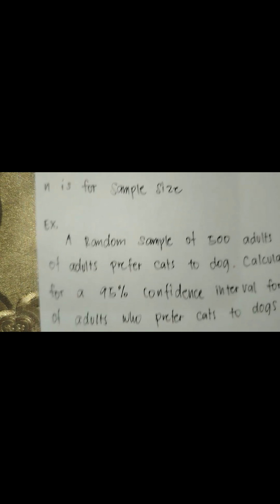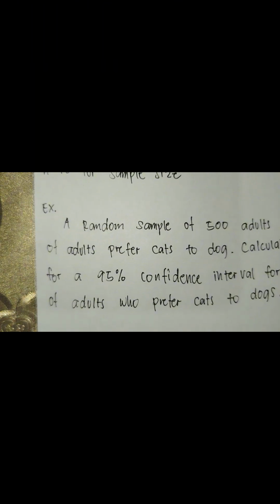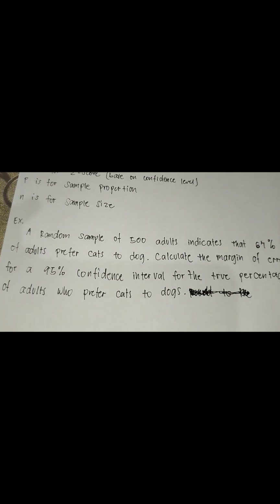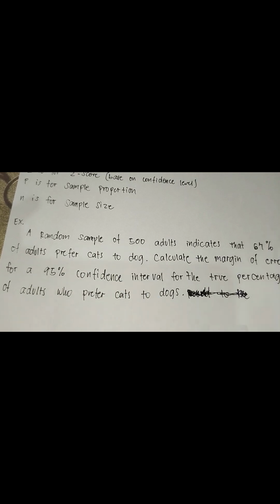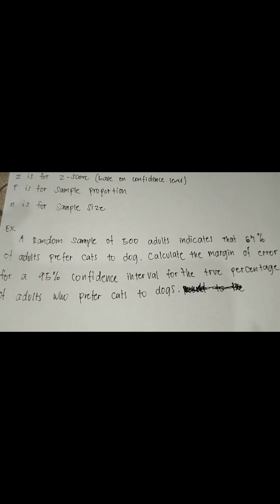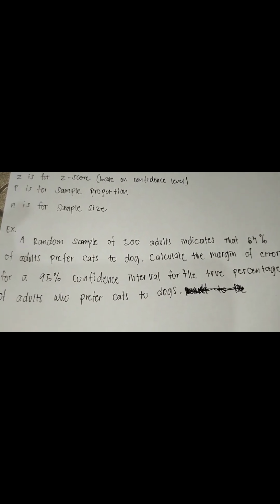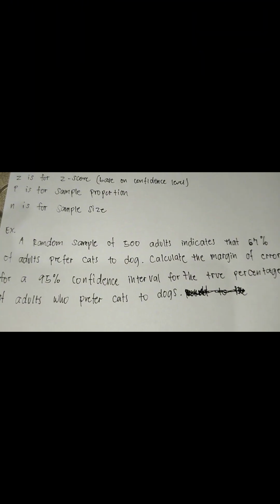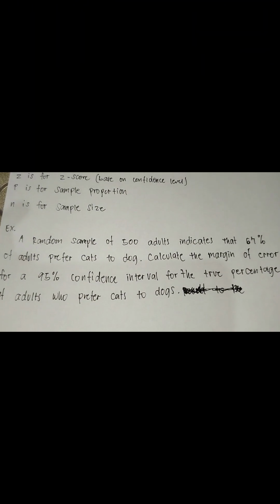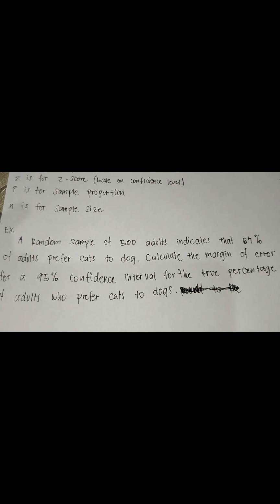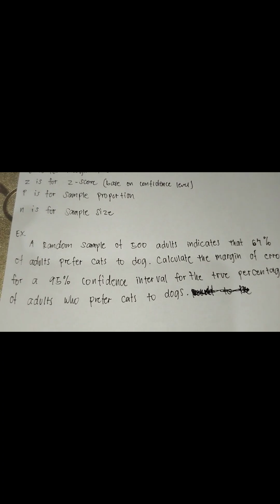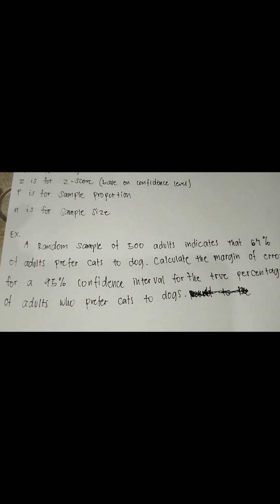So for example, a random sample of 500 adults indicates that 67% of adults prefer cats to dogs. Calculate the margin of error for a 95% confidence interval for the true percentage of adults who prefer cats to dogs.